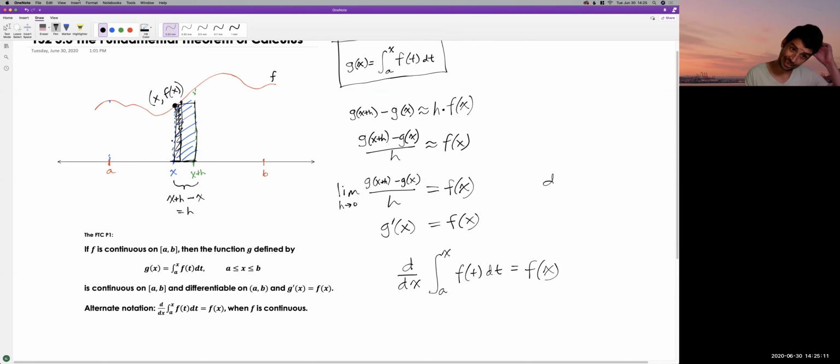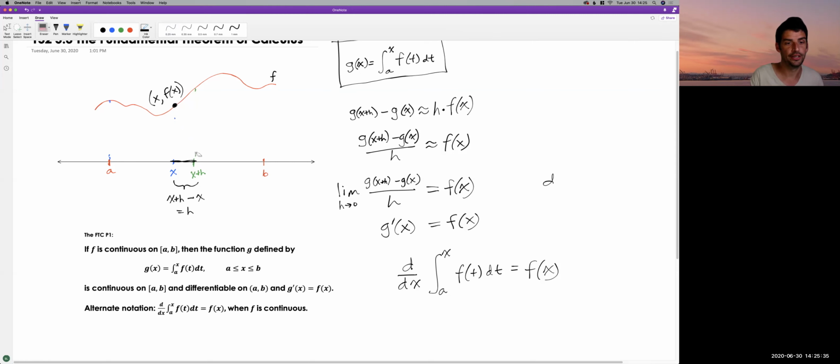This is what we were hinting at here. The way I've always thought about this is g is a function that is spitting out areas, the area under the curve from a to x, right? A derivative measures how much something changes by, right? Well, as we slide x forward, right, I've always imagined what we're doing, right?